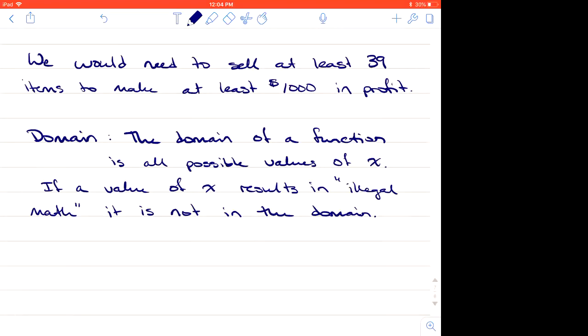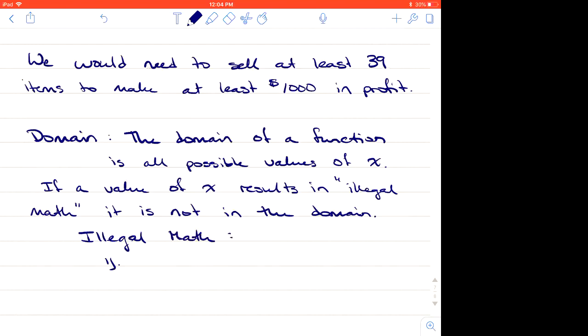So what are the two illegal math moves that we need to keep an eye out for? There's really only two that we need to be aware of for this course. The first one being we cannot divide by 0. If you get to a point where you're trying to divide by 0, it just can't be done. You can try it on your calculator.